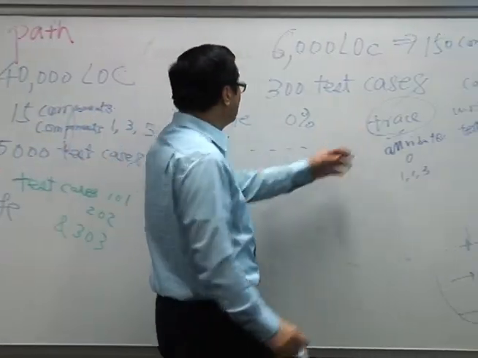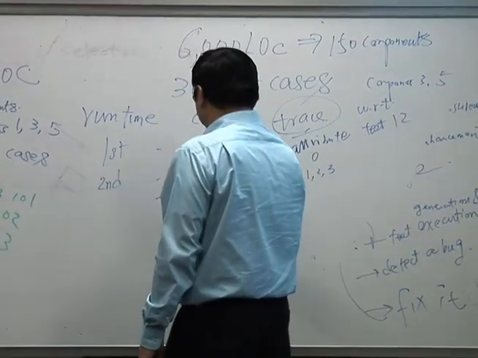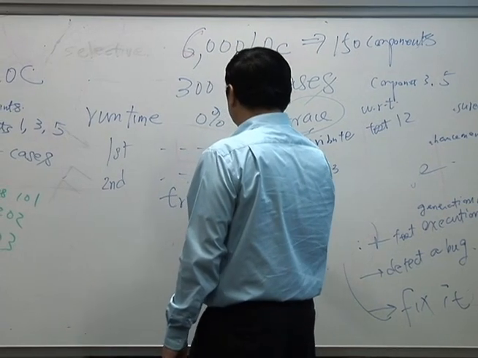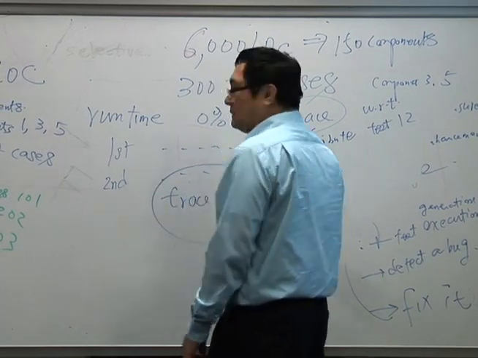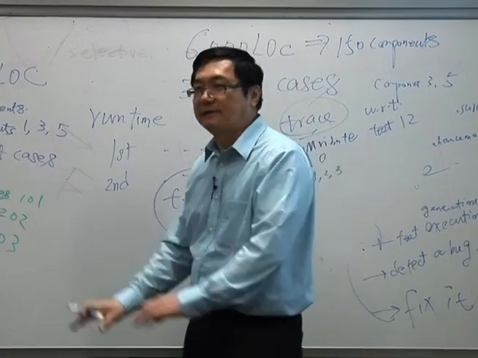Any suggestion? What kind of data structure do we have to use for this trace file? We're going to have a big trace file. People argue you can have many small trace files. We actually did that. It's very complicated.